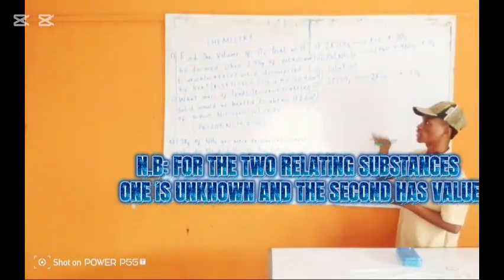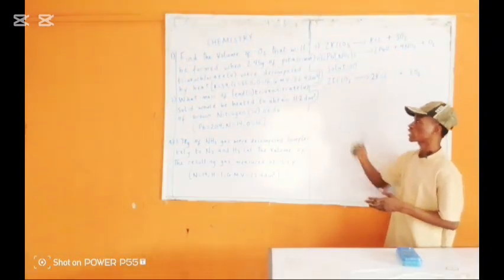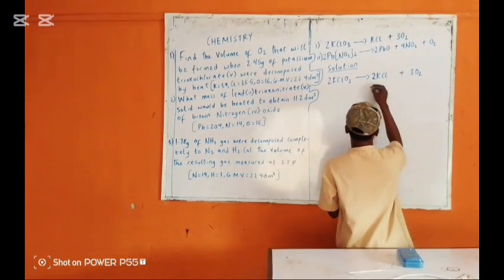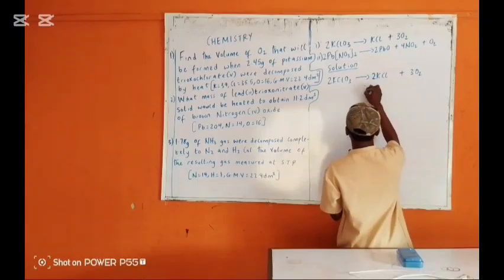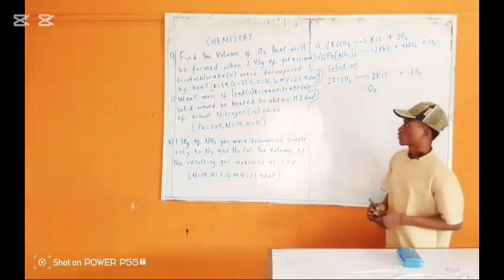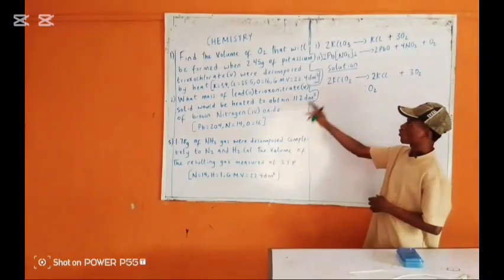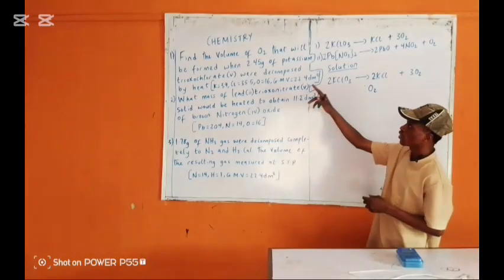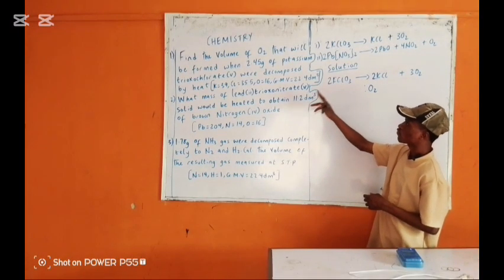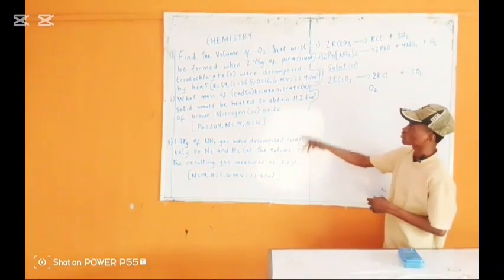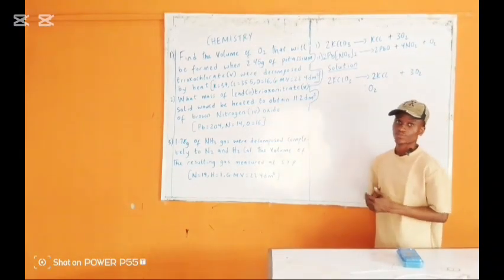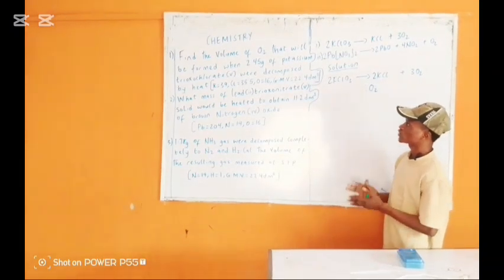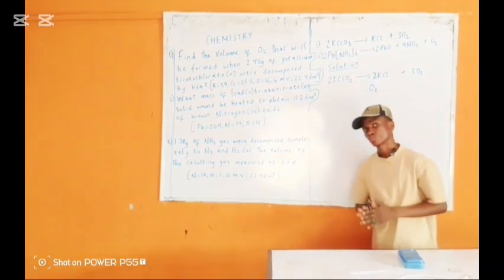The question says that find the volume of oxygen gas. The first one here is oxygen gas, which is O2. Find the volume of oxygen gas, or O2, that will be formed when 2.45 gram of potassium trioxochlorate(V). So what happened here? Potassium trioxochlorate(V) is having value.